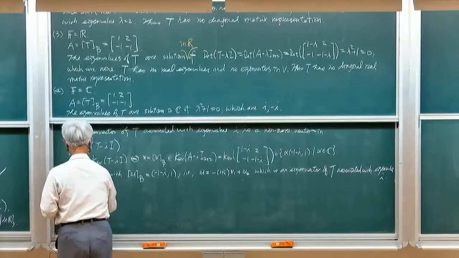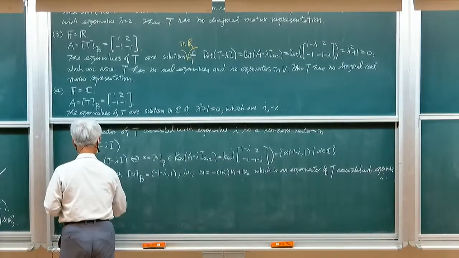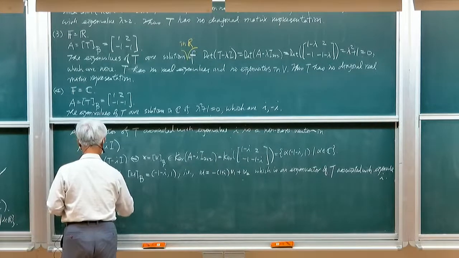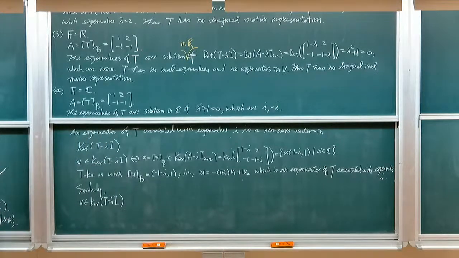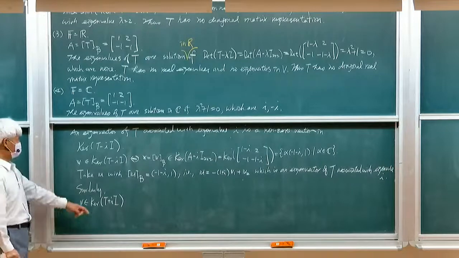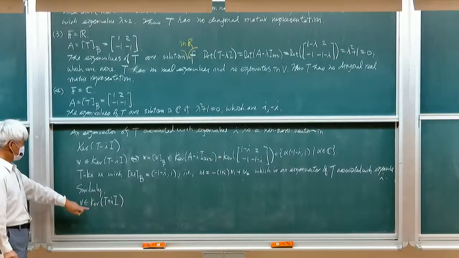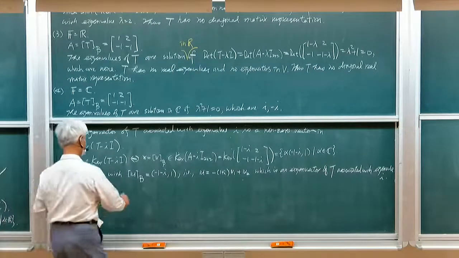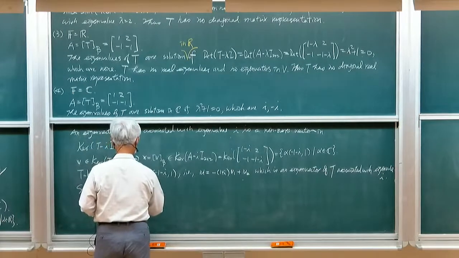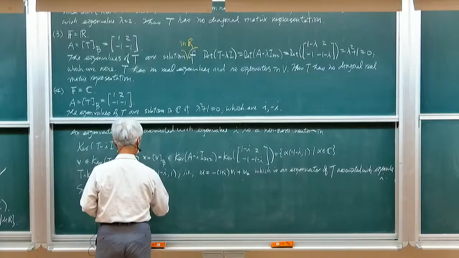Okay, so similarly, we want to find eigenvectors associated with eigenvalue minus i. So we consider the kernel of T plus iI.